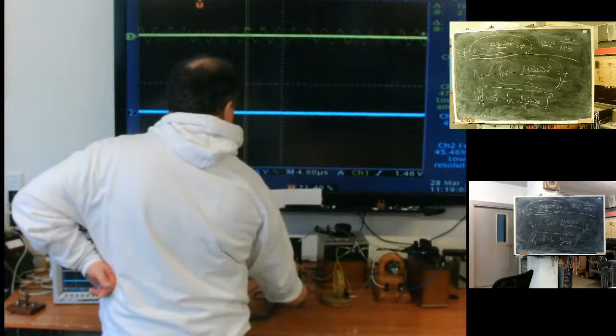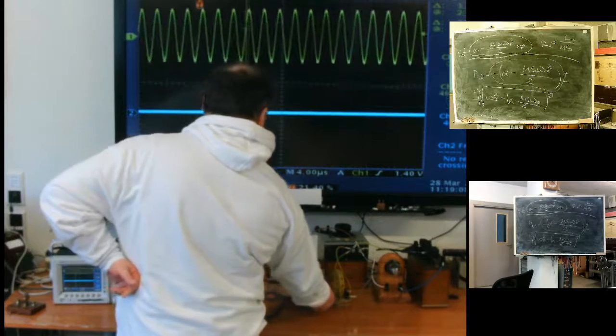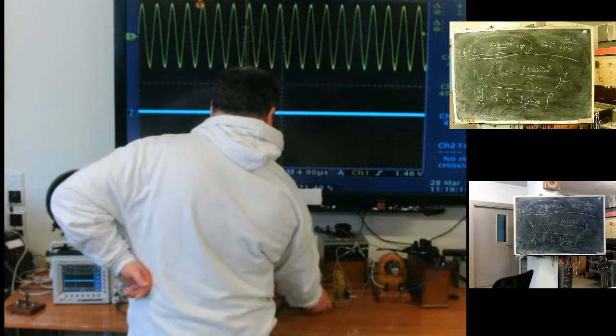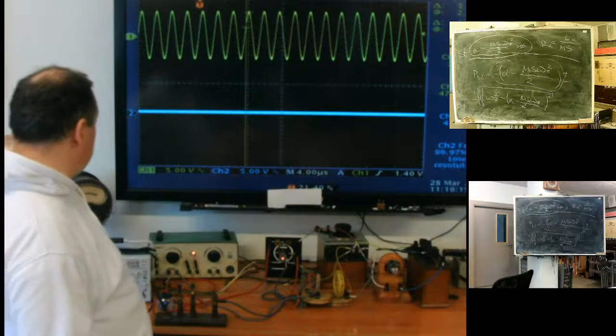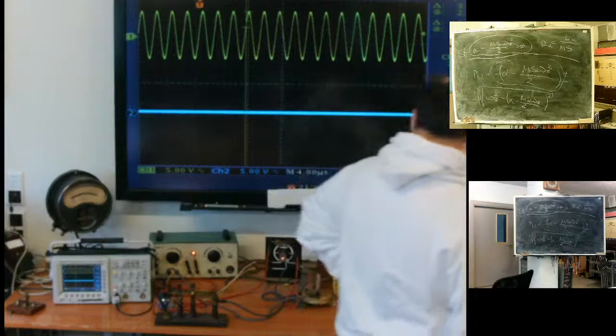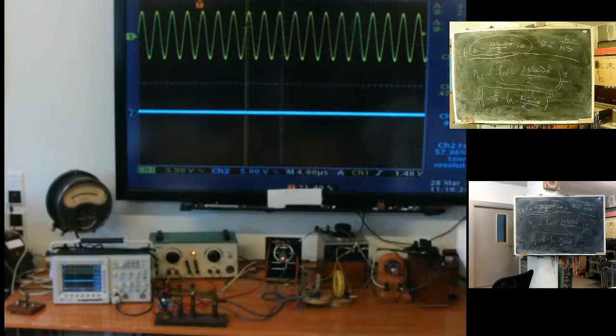Stable, unstable. Analog generator. 5 volts, 3 volts output. It's divided. Now we can reach some 300 volts here.